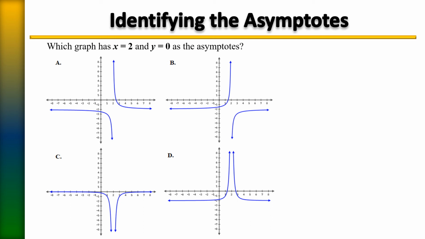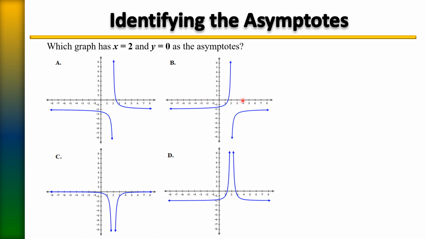Okay, so then it's going to have to be the y equals 0 that's the deciding factor. We are looking for a horizontal line passing through y at 0. That does not occur on graph A. You don't see a horizontal line there through the asymptote.